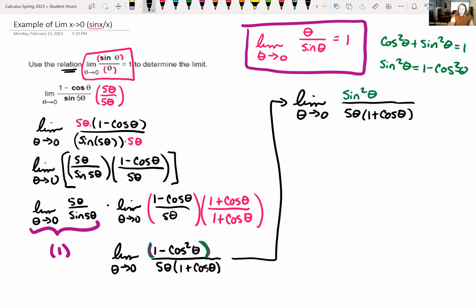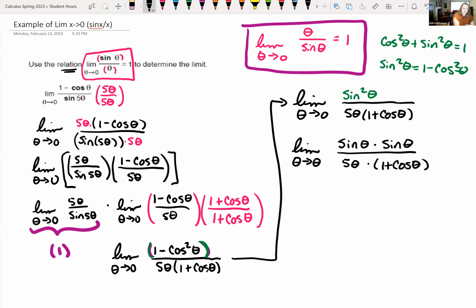And so notice that it's sine theta, it's not sine squared theta there. So I could rewrite that sine squared theta as a product of 2 sine theta. So that sine squared theta could be rewritten as sine theta times sine theta, all over 5 theta times 1 plus cosine theta.